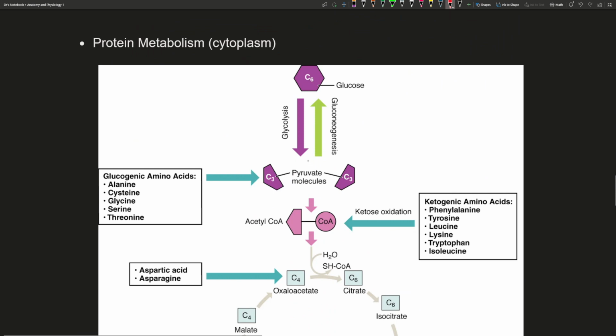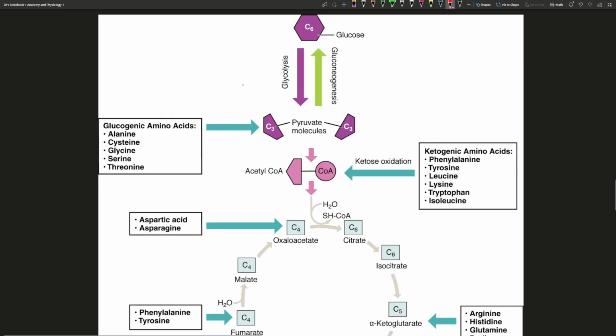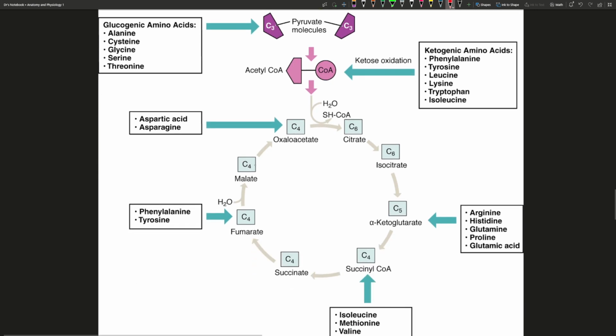And then the last little bit here is protein metabolism. So protein metabolism takes place in the cytoplasm, and this is where you can feed in all the different amino acids into different parts of this process. So either becoming pyruvate, acetyl-CoA, different parts. So this is the citric acid cycle here or the Krebs cycle.